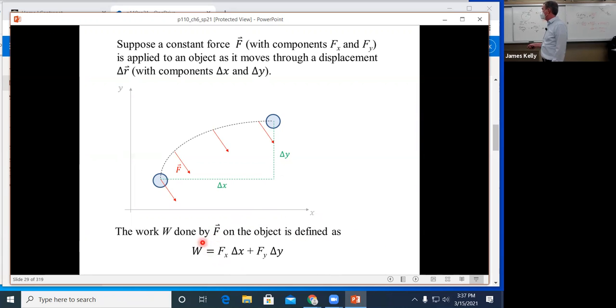But in this case, it's just moving in 2 dimensions, so this is enough. The work done is Fx times delta x plus Fy times delta y, and I really have to put in all of the correct signs. Fy is going to be negative, delta y is positive in this case, so you've got to think about all those things. Let me pass out a worksheet now, and you're going to try to use this in problem 1.